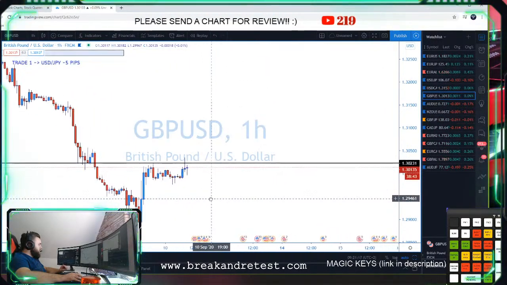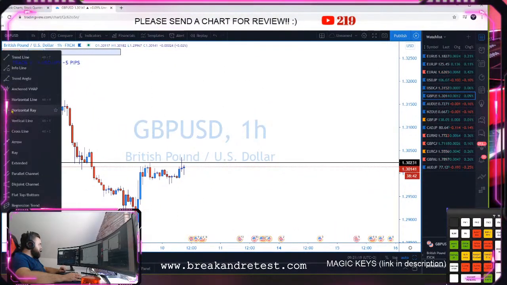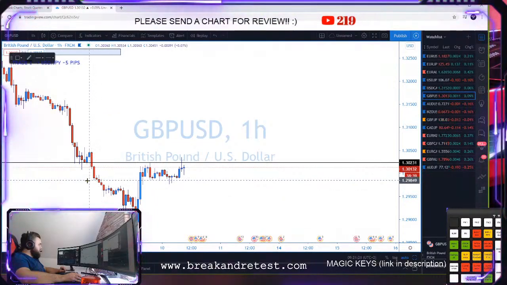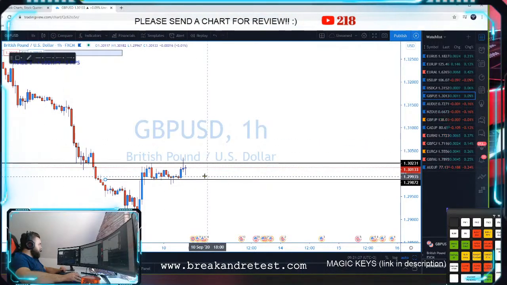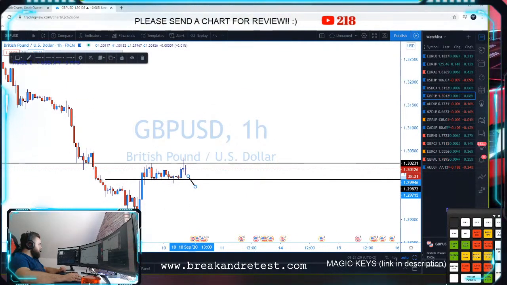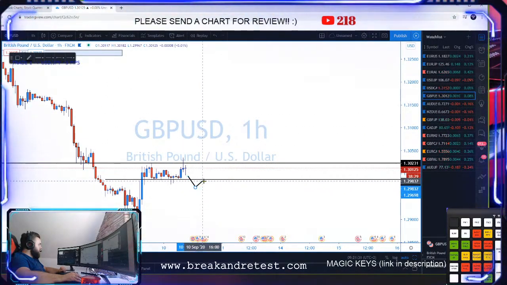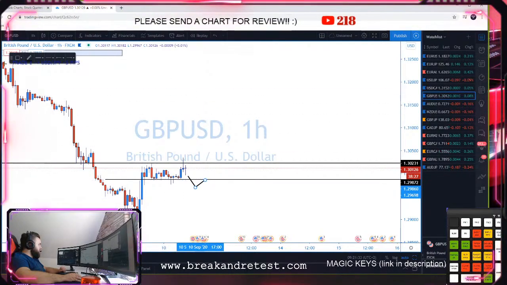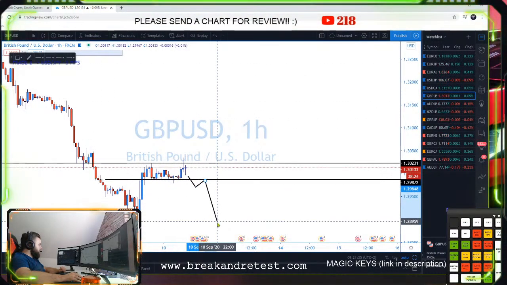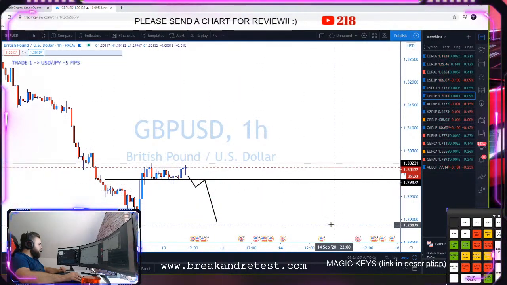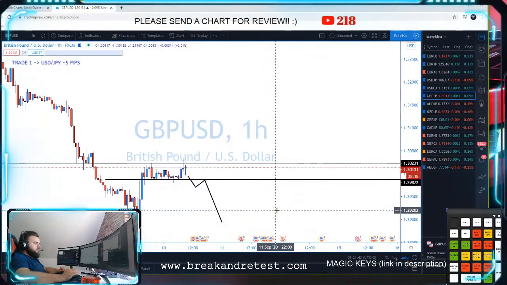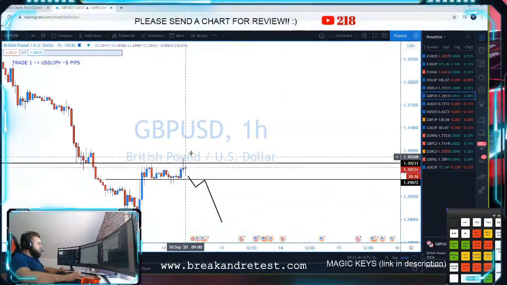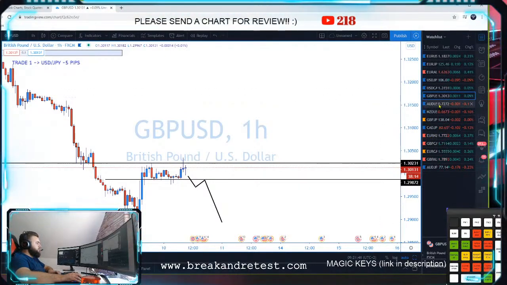What would be the best trade here is, because technically we should continue to the downside still, so the best would be a break below this, and we can enter on the retest and expect some continuation to the downside. So I'm only gonna look for sells here on GBPUSD.